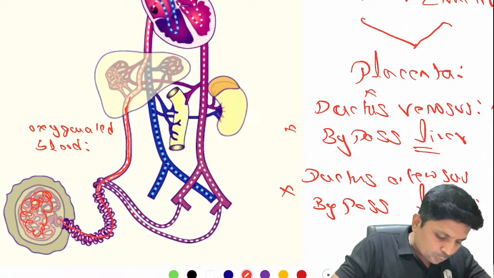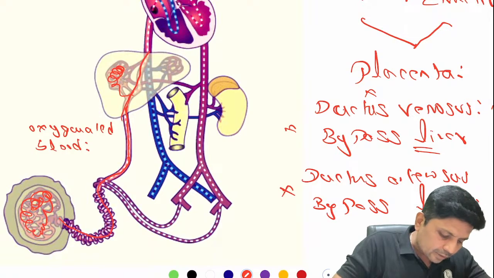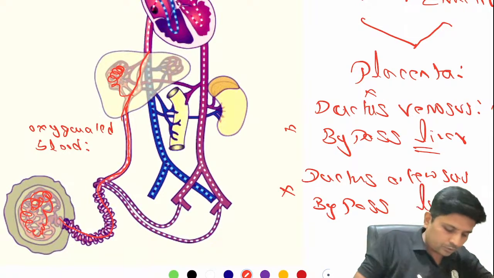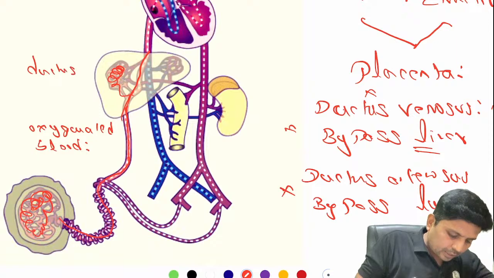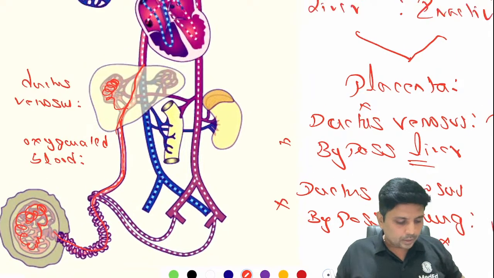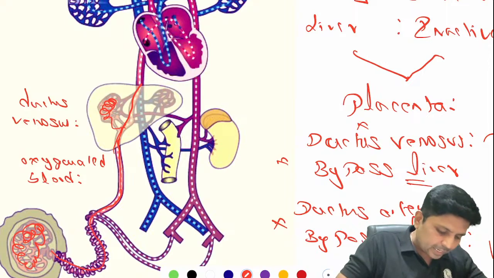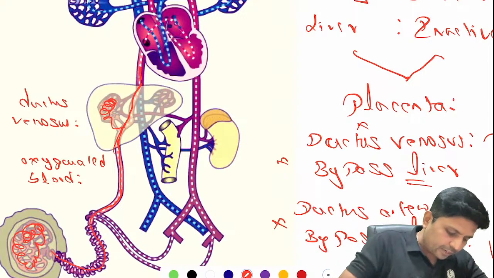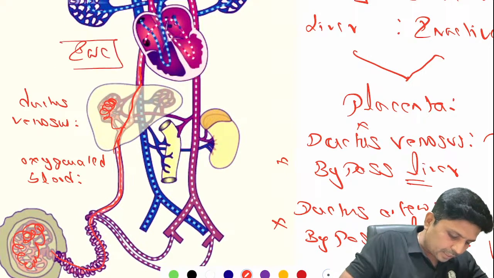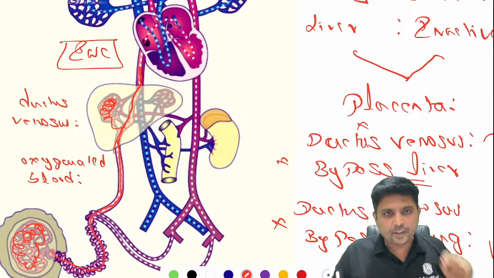And instead of going into the liver, it bypasses the liver through the ductus venosus, and from there it joins the inferior vena cava.